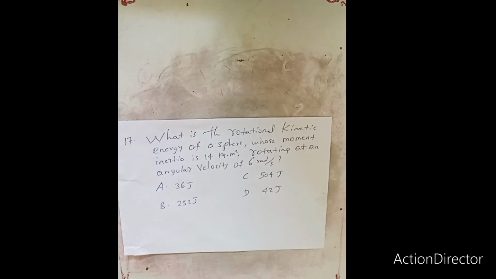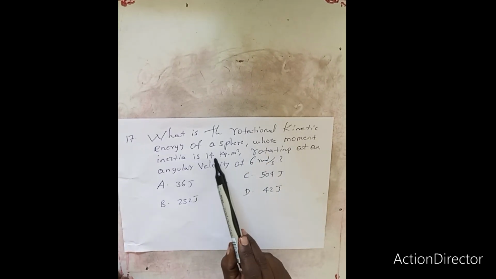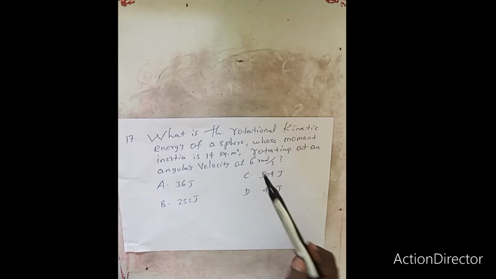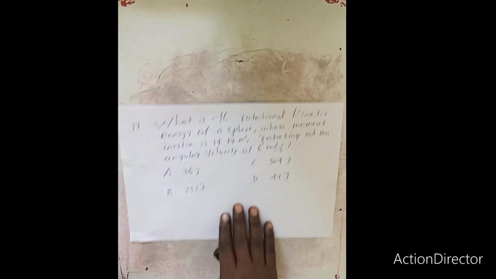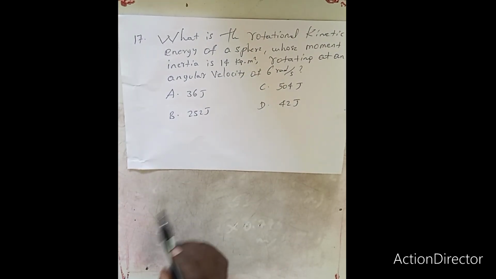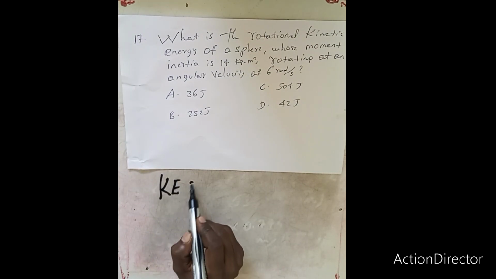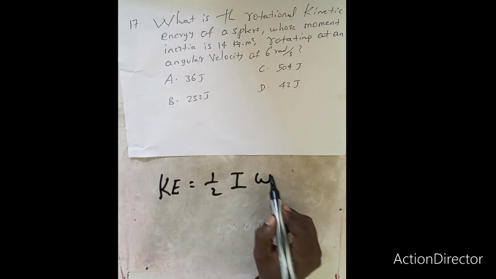Question number 17. What is the rotational kinetic energy of a sphere whose moment of inertia is 4 kg m², rotating at an angular velocity of 6 rad per second? So kinetic energy is half I omega squared, where I is for mass and omega is for v.